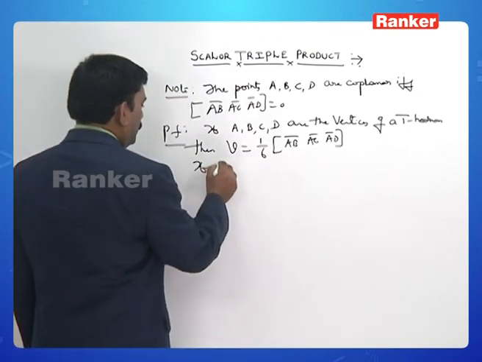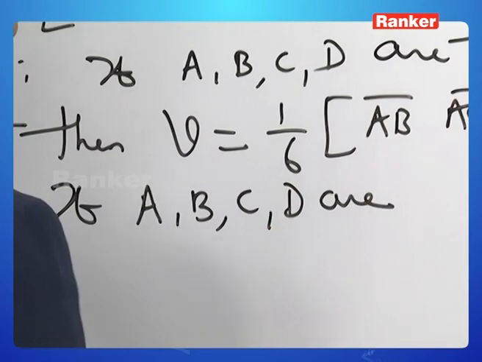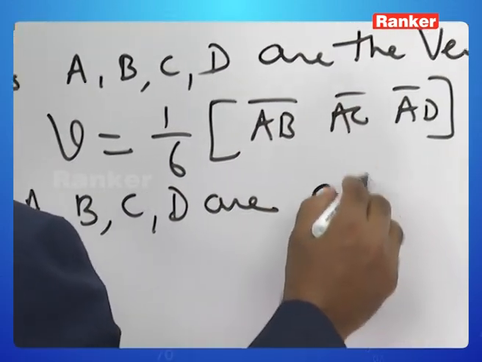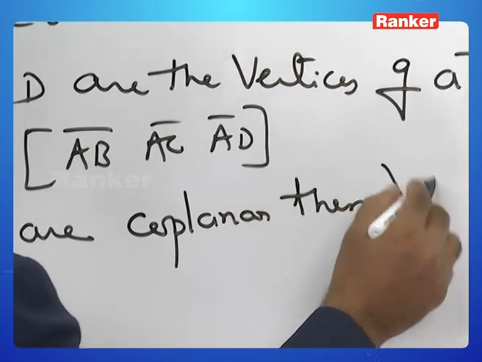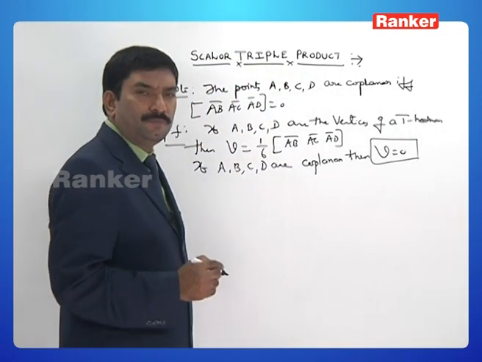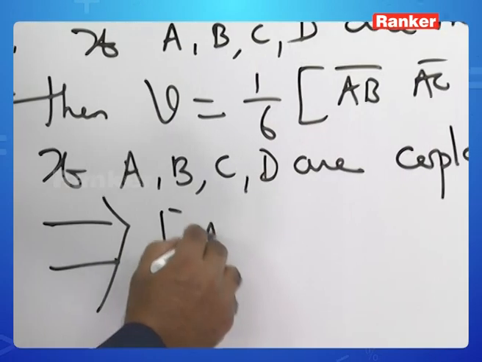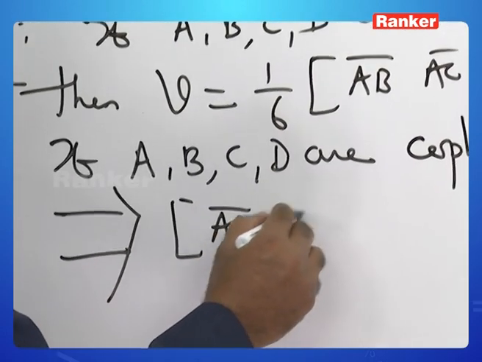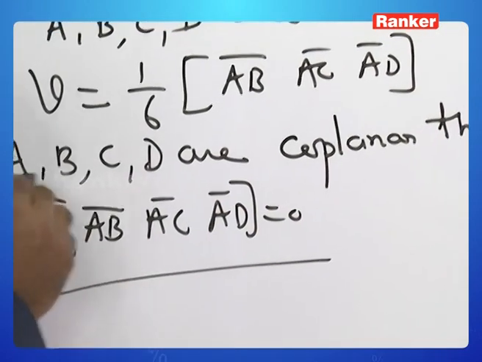If 4 points are coplanar, then the volume of the tetrahedron is equal to what? 0. Which implies box of AB bar, AC bar, AD bar is equal to 0.